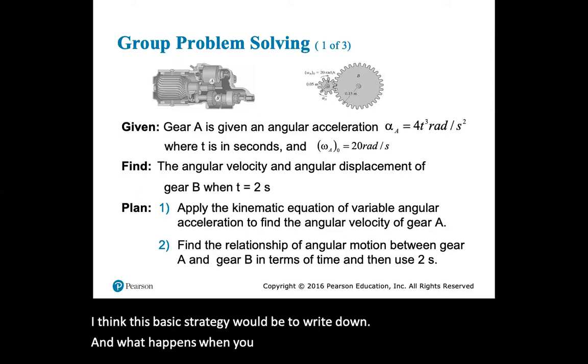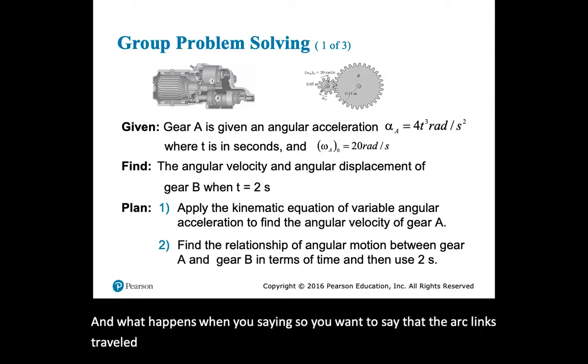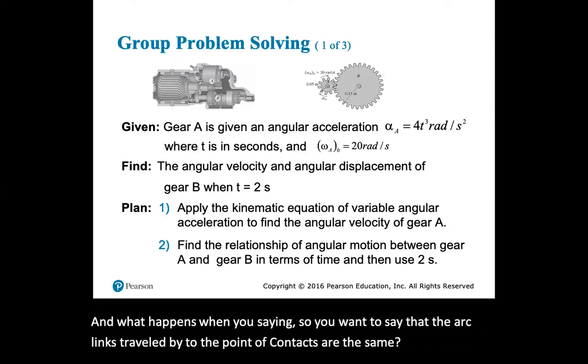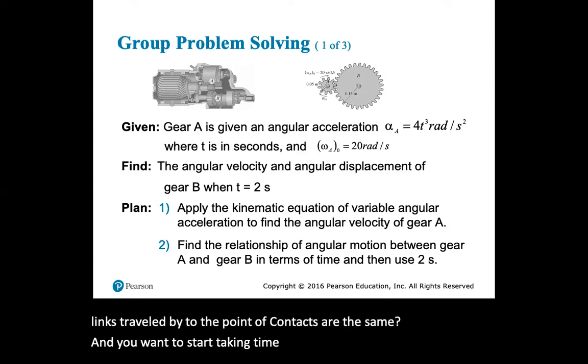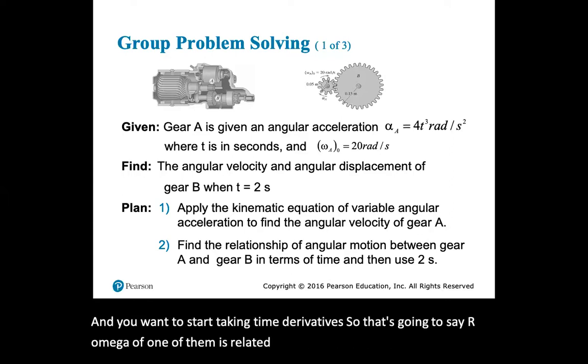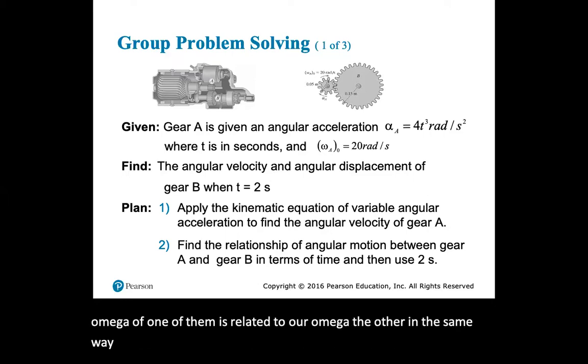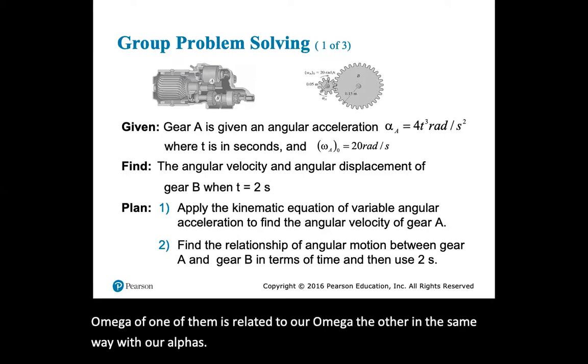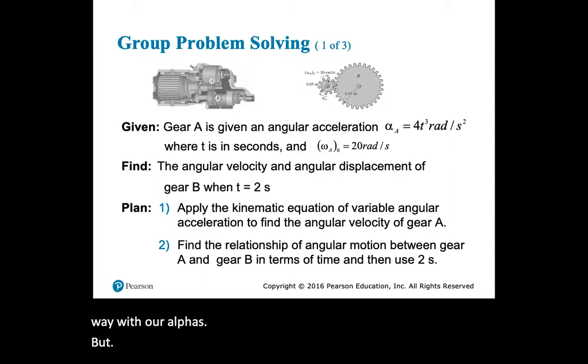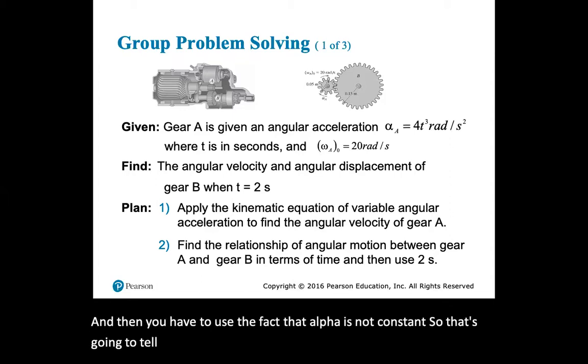You want to say that the arc lengths traveled by the points of contact are the same. And you want to start taking time derivatives. So that's going to say R omega of one of them is related to R omega of the other, and the same way with R alphas.